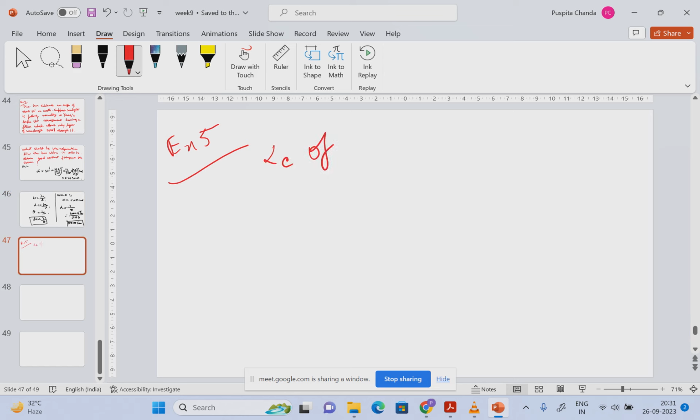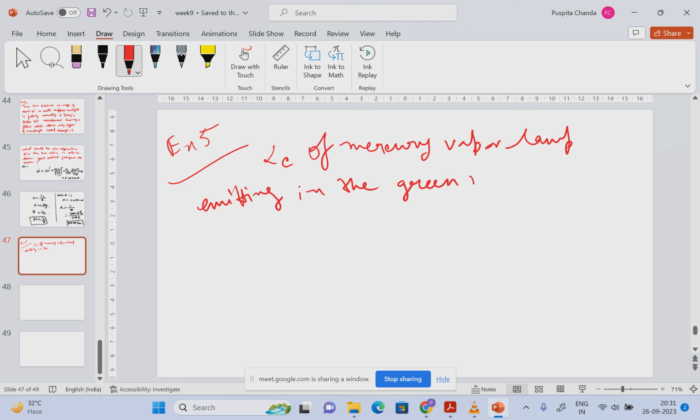Find the temporal coherence length of a mercury vapor lamp emitting in the green portion of the spectrum.